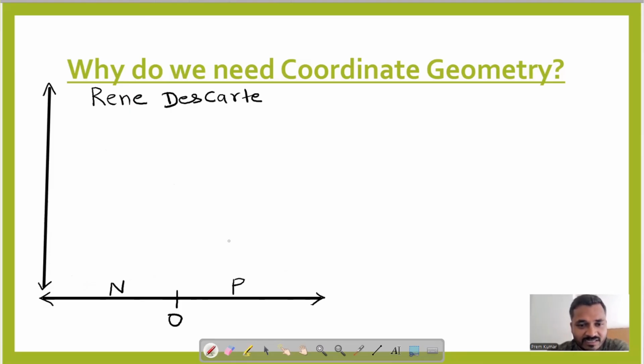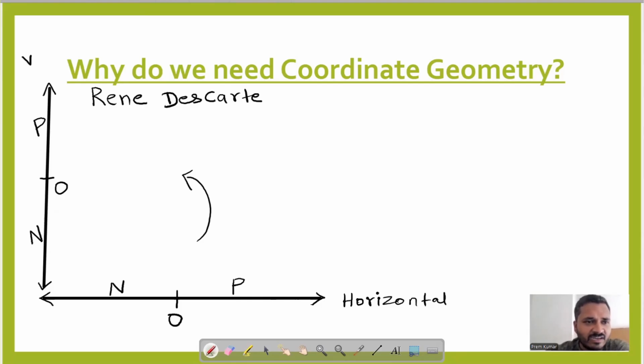So he rotated it anti-clockwise, and now this is our origin. Our positive side is upward and negative side is downward. So this is the sleeping line, or you can say horizontal line. Okay. And after rotating 90-degree anti-clockwise, this is the standing line, or you can say the vertical line.